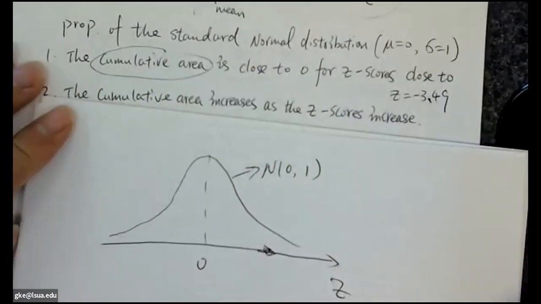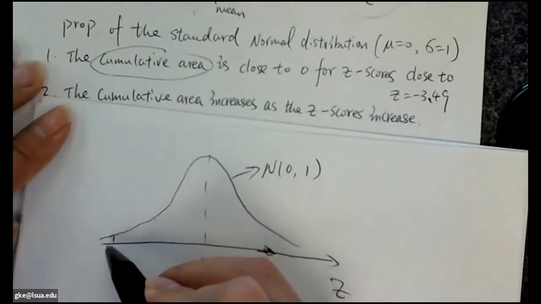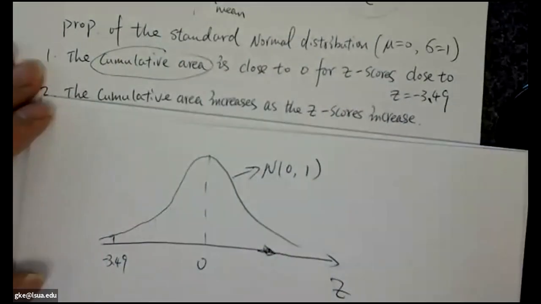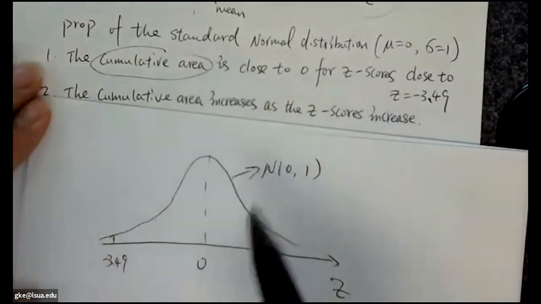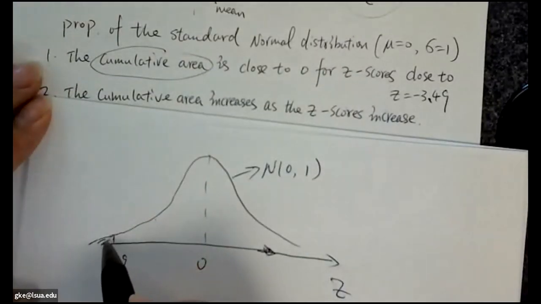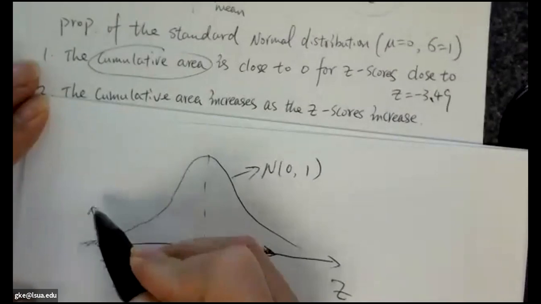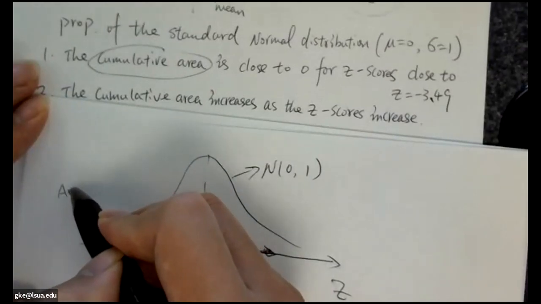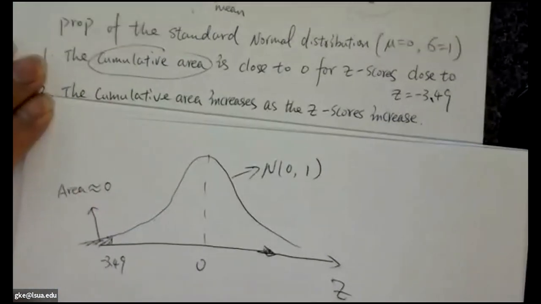Okay, so I find this value, probably here. And the cumulative area is the area to the left. This area is close to 0.